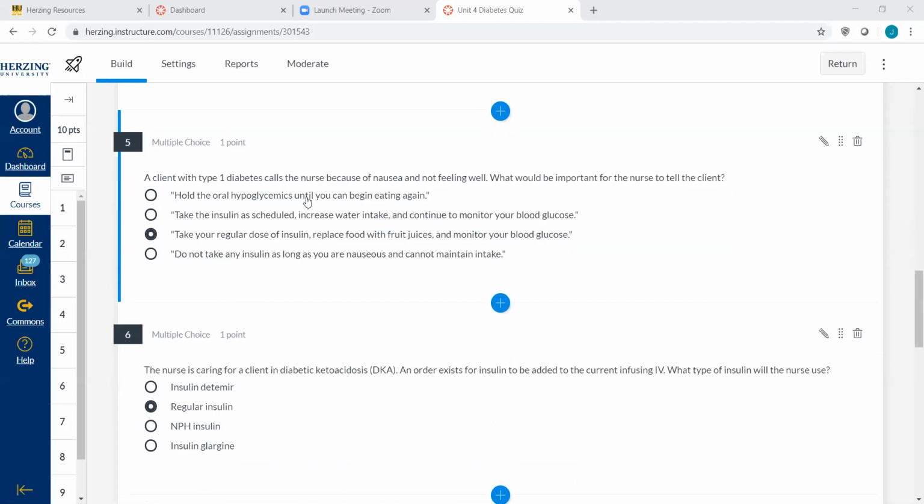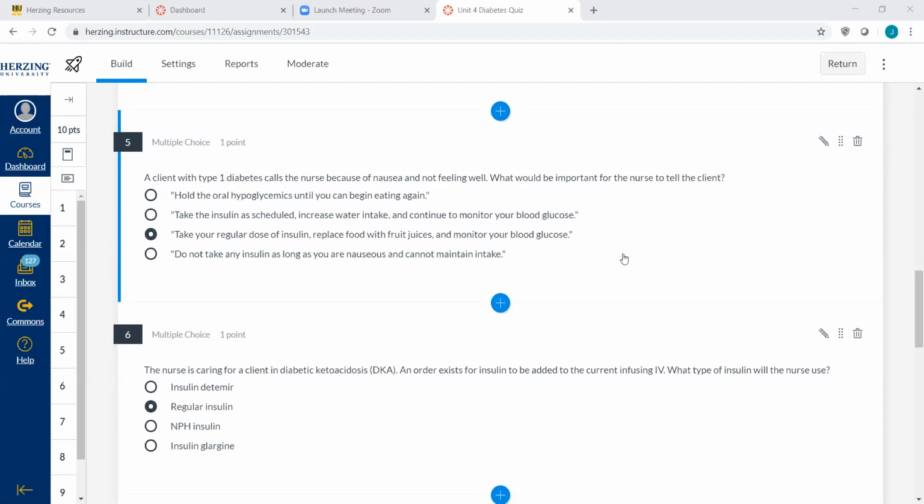A client with type 1 diabetes calls a nurse about nausea and not feeling well. What would be important for the nurse to tell the client? All this question is getting at is, is this person sick? So you need to tell them what to do for sick day rules, right? Take your insulin dose, replace food with fruit juices if you can't keep food down, and monitor your blood glucose.